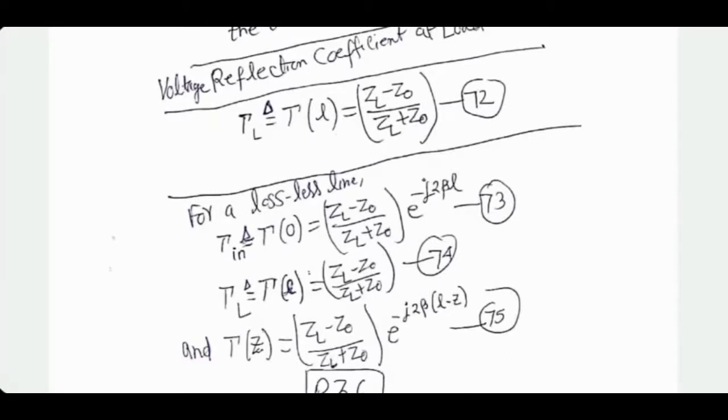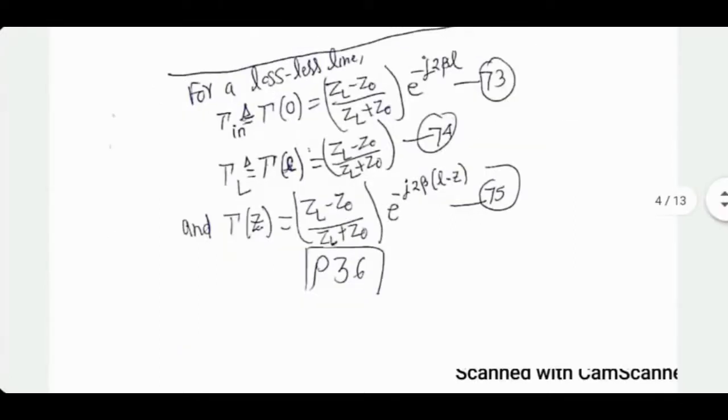There's no need to memorize these formulas. If you know one of them, others can be figured out. So these are the formulas for the lossless line. The lossless case is very interesting, although it is not a very practical case most of the time. But if you look at it carefully, the magnitude of tau, whether it is at the input end or at the load end or anywhere else along the length of the line, is the same, because e to the power minus j something has a magnitude of 1 always.